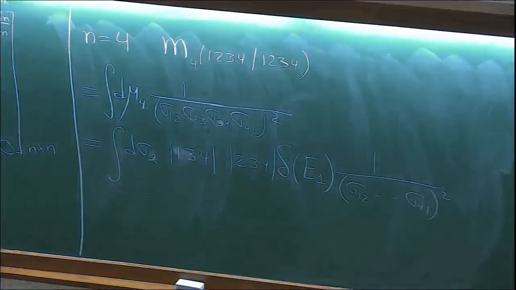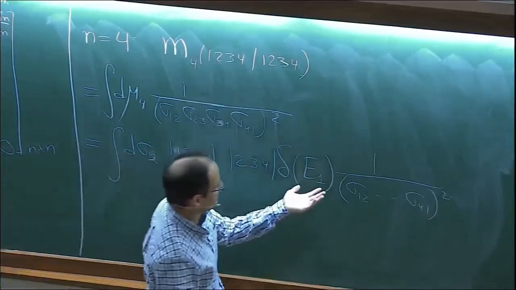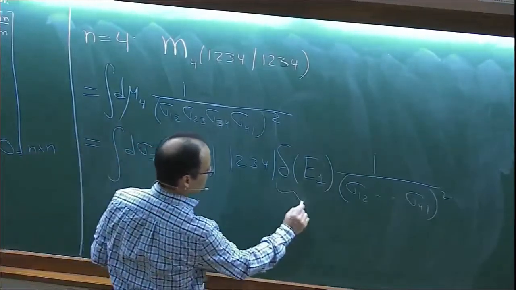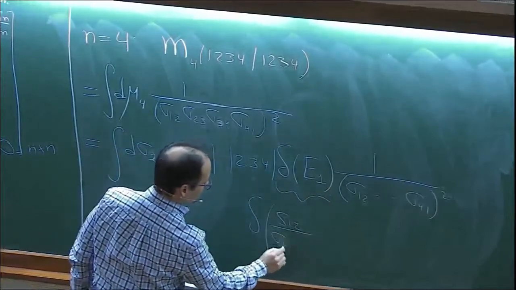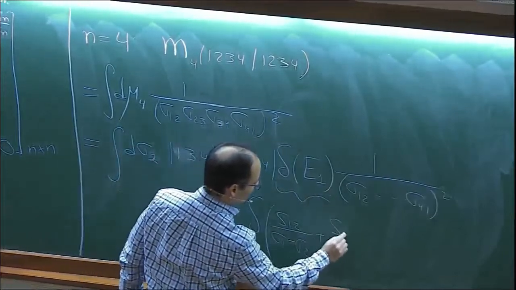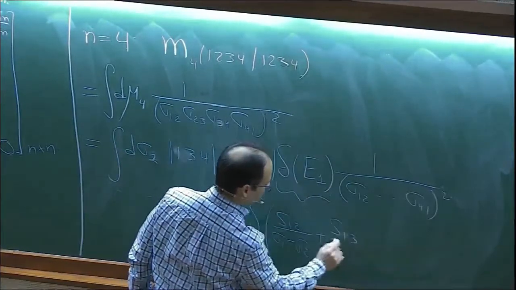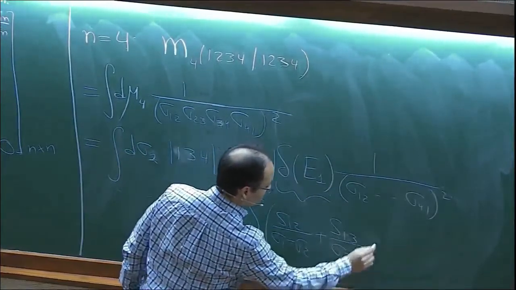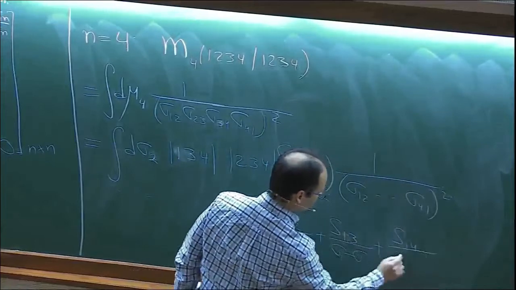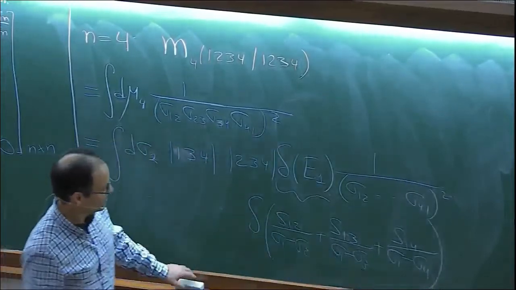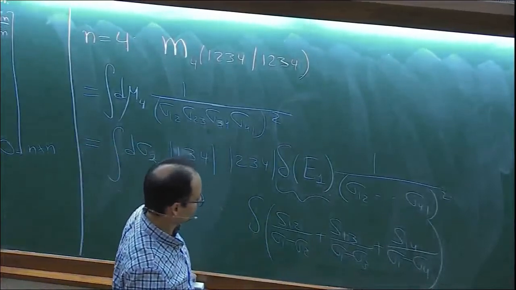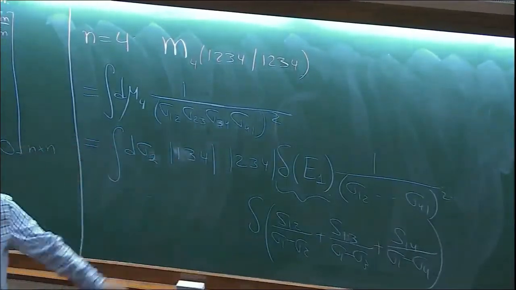All right. So next, we have to look at this explicitly, and this equation was S12 over sigma 1 minus sigma 2 plus S13 over sigma 1 minus sigma 3 plus S14 over sigma 1 minus sigma 4 equal to 0, right?